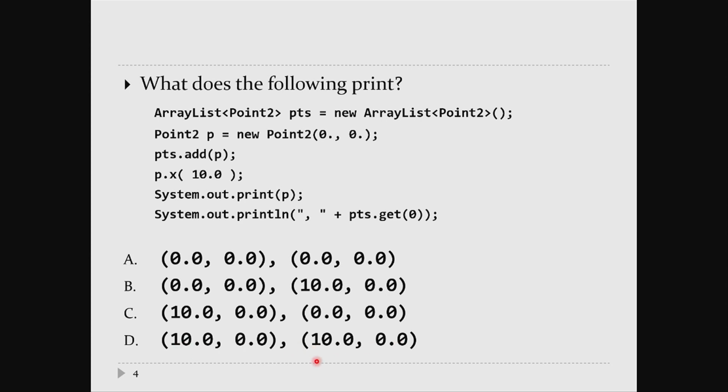When you change it using either reference, it doesn't matter which reference you use to print out the point, you get the same value. You get 10, 0 in both cases. So in other words, there's only one point object in this whole slide, and that's the one that was made when you created point p. So adding p to the list doesn't make a new point object. It just stores the reference in the list.